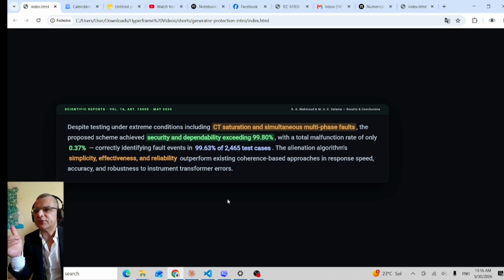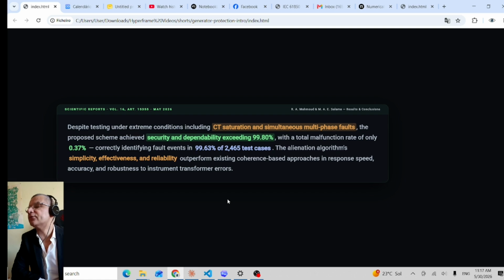coordination with the main protection, just to ensure that there are no issues of coordination. Here it mentions that despite testing under extreme conditions, including CT saturation and simultaneous multi-phase faults, the proposed scheme achieves security and dependability exceeding 99.8% with a total malfunction rate of only 0.37%.